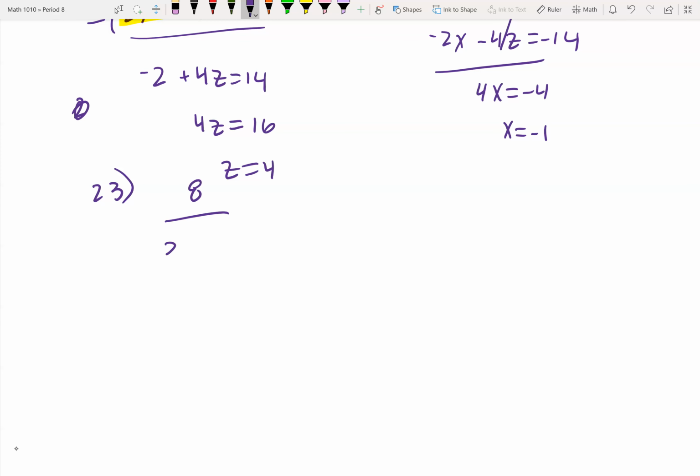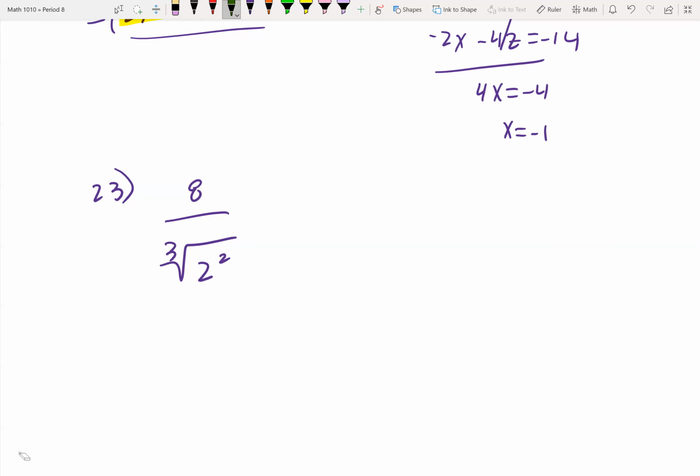So you have 8 over the cube root of 2 squared. So here's how I'm going to do this. I know I have to have 3 2's to get rid of the cube root. Well, right now I have 2 2's. So I only need 1 more 2.